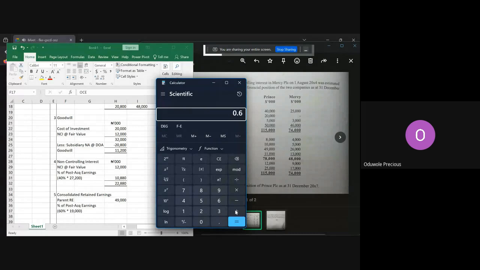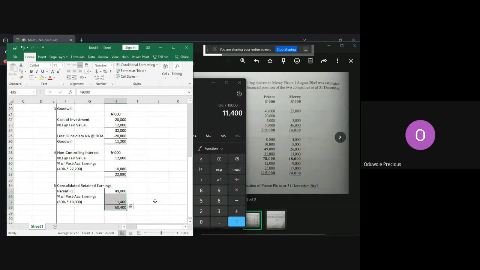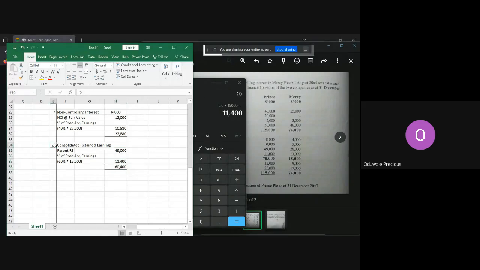Do you understand what I just said? Yes, I understand you. This one will give us 11,4. So everything is 64.